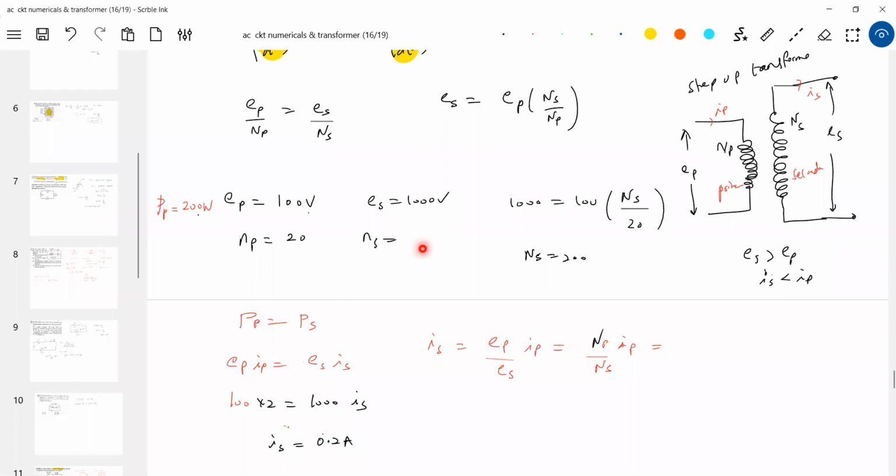That's why at the point of generation I use a step-up transformer. Usually we transfer at 2 lakh, 10 lakh volts, a very high voltage.